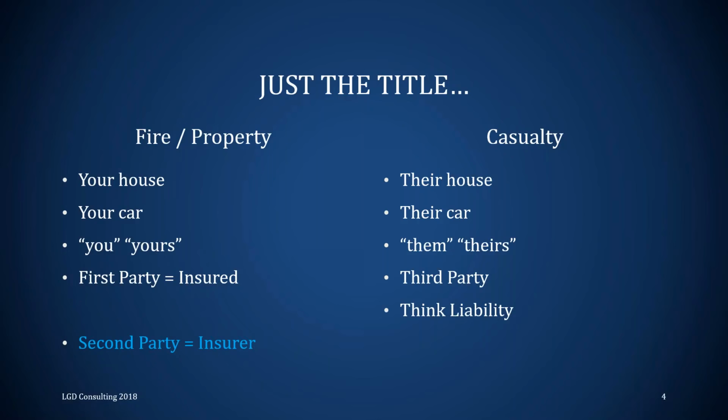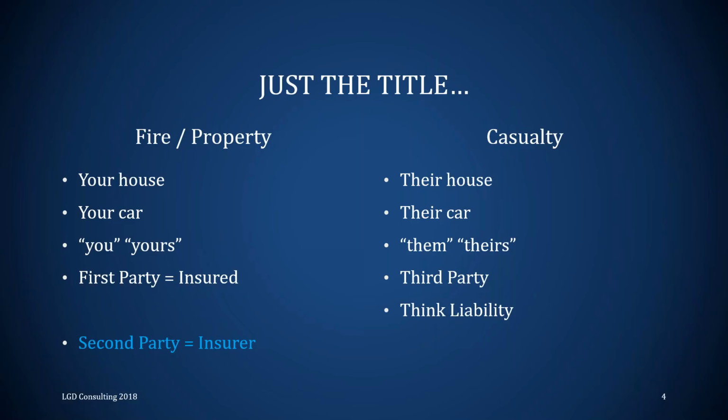Notice that changing one letter from insured to insurer changes the person, the entity, so watch out for that, because they do change it up periodically throughout the test, just to throw you off. So the first party is the insured, the second party is the insurer, and the third party is anyone other than those two.